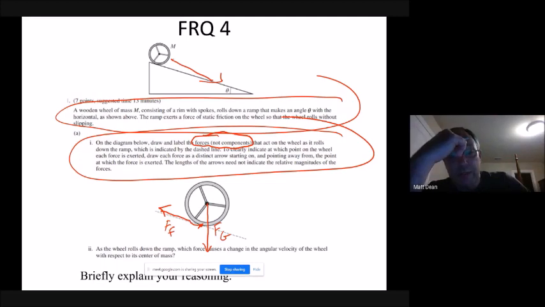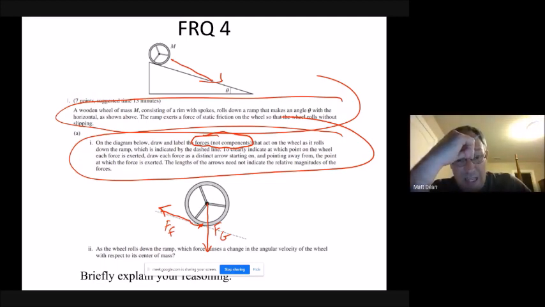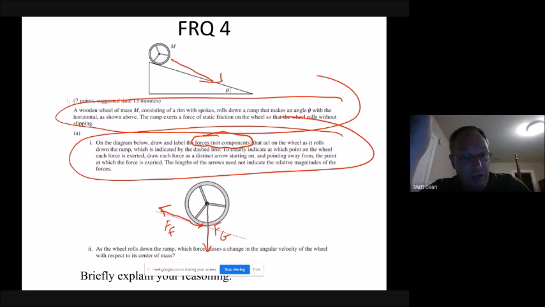Now, some of you would probably stop there and think you got them all. But the one thing that we're missing is the normal force. We know whenever there's surfaces that are touching, because one surface is pushing down, the other surface is pushing up. And it always pushes up perpendicular to the surface.